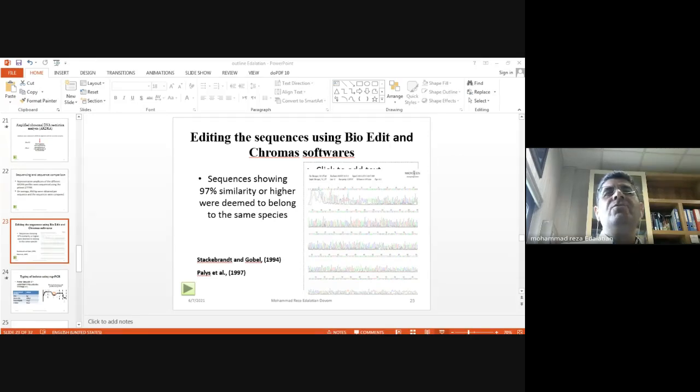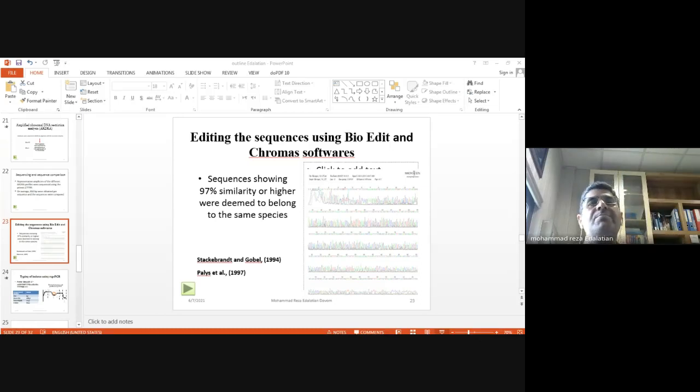After that, we should transfer the Excel file to the software MVSP version 3. MVSP stands for Multivariate Statistical Package, and this is the statistical package which is used for the Rapid PCR technique.